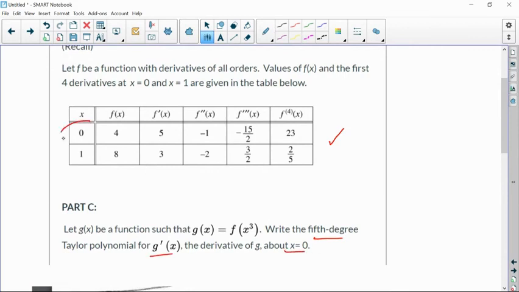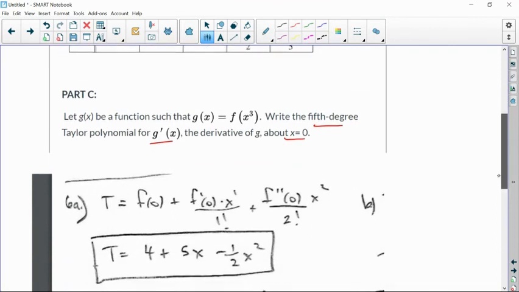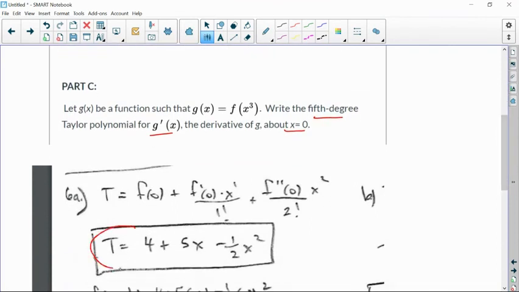So I definitely know I'm using this line right here. And it says, oh, well, look, g is equal to f of x cubed. And in part A, you actually had to find the Taylor polynomial of f of x centered at 0. So this was my answer at part A. This is the Taylor polynomial centered at 0.